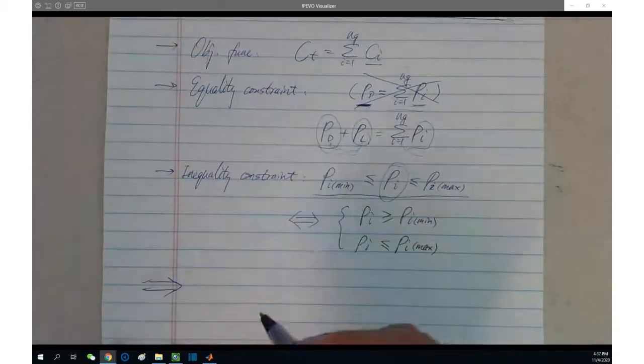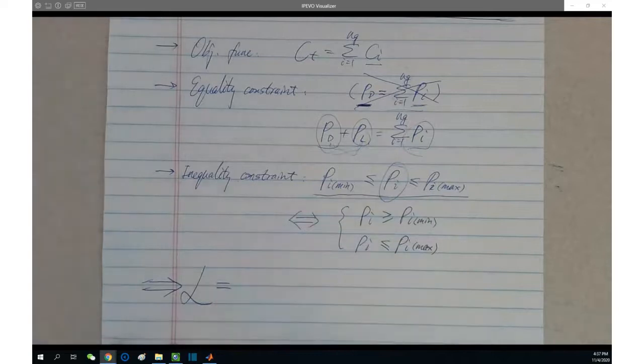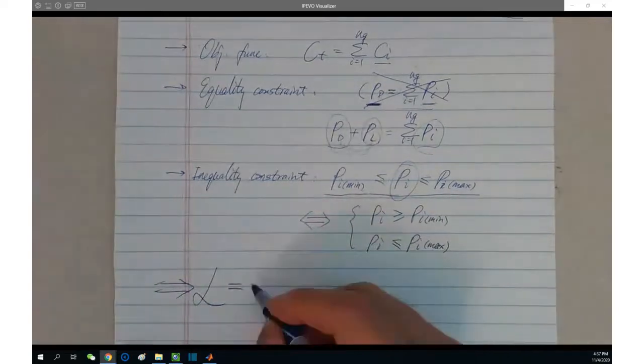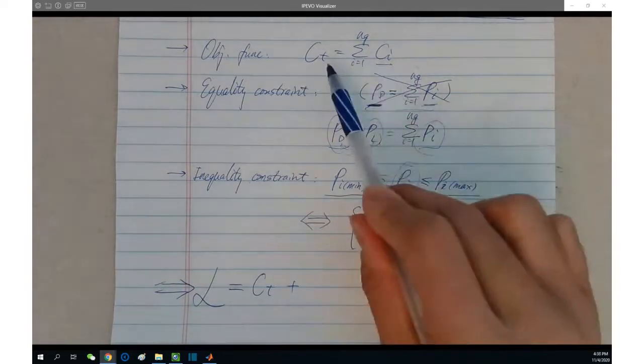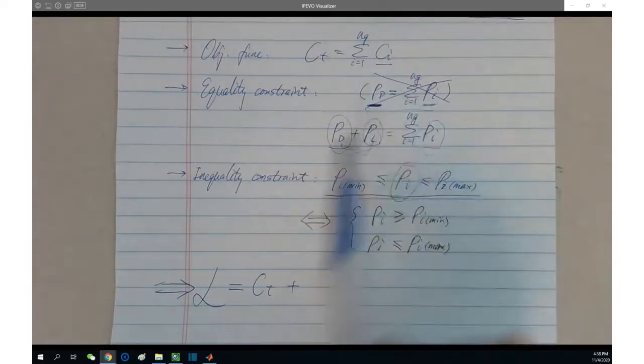Okay, let's do it then. The total function: CT as the objective function goes first, and then plus lambda times the equality constraint.